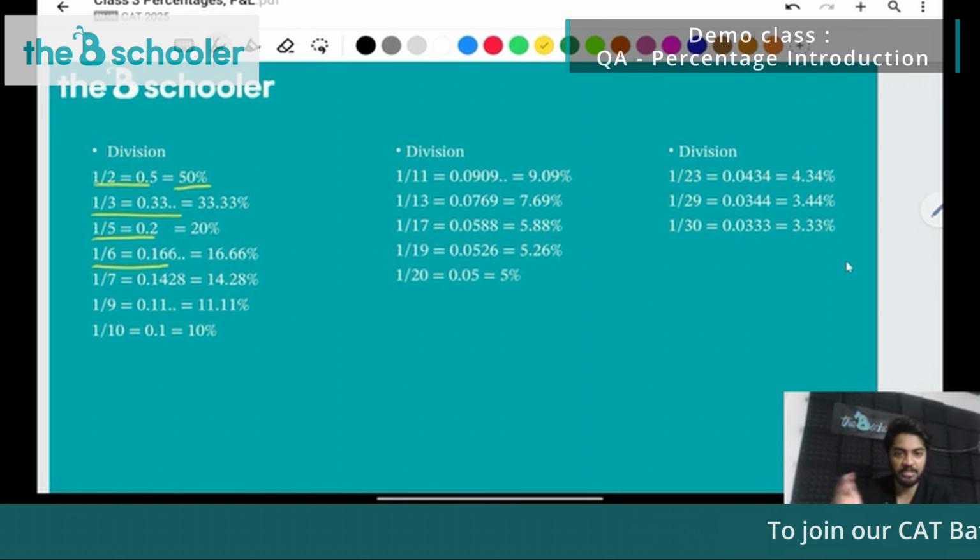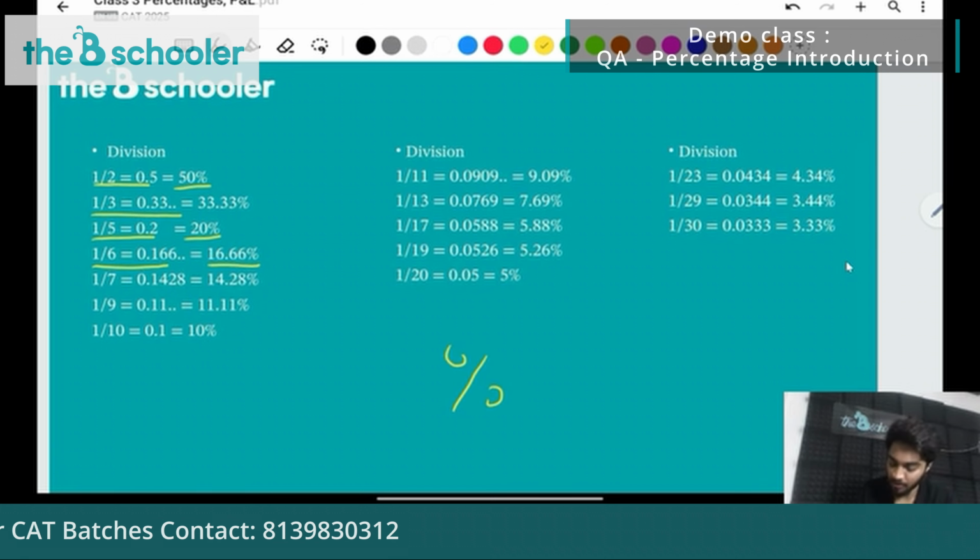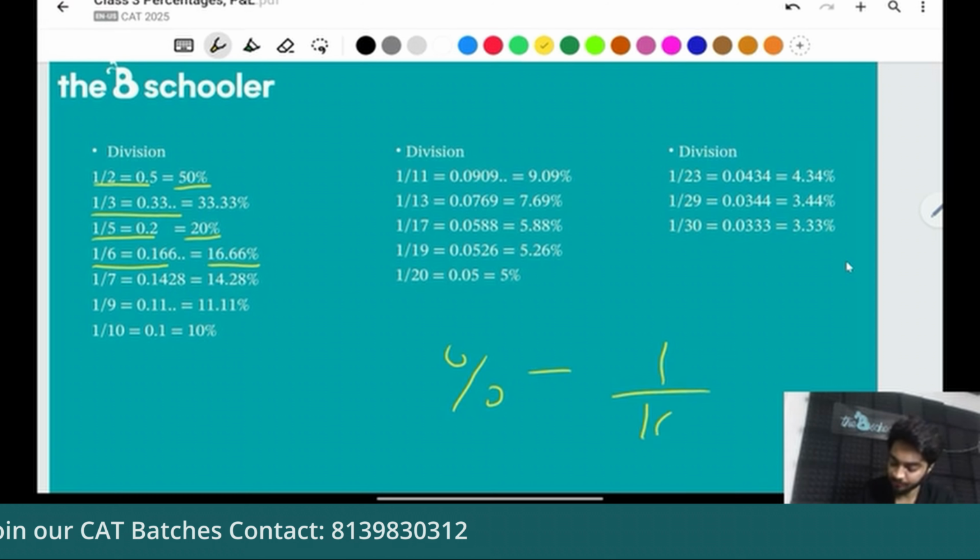Okay, two digits you will bring towards the right of the point. So 0.2 you can write as 20 percentage. Okay, 1 by 6, which is 0.166, you can also write as 16.66 percentage. Why? What does percentage mean? Percentage means 1 by 100.